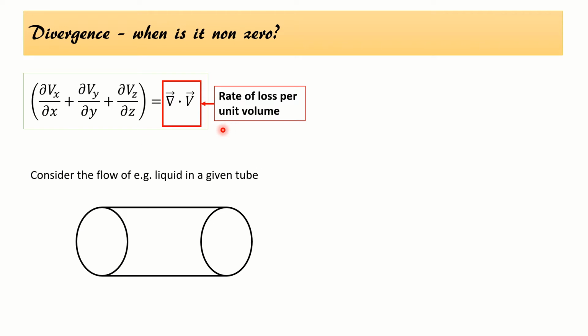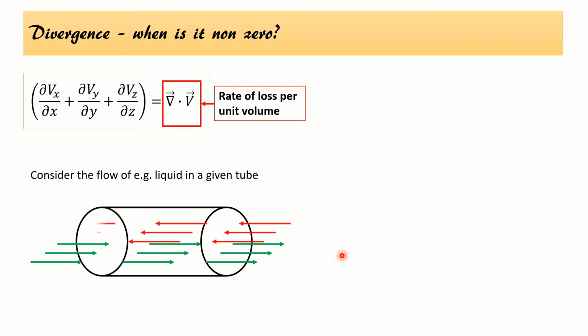So now let's consider a flow of liquid, for example, in a given tube again. And now we have the water flowing from the left to the right, and this will give you the divergence of the field.